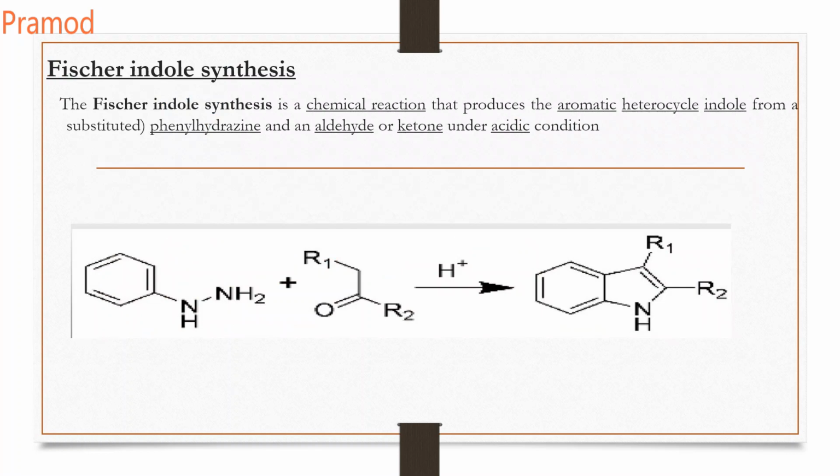The second is the most important reaction for the synthesis of indole: the Fischer indole synthesis. It can be asked individually in your exam along with the reaction and mechanism.